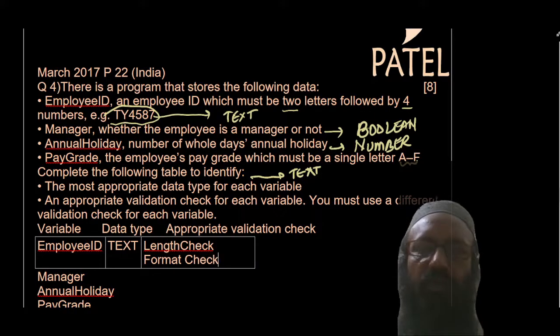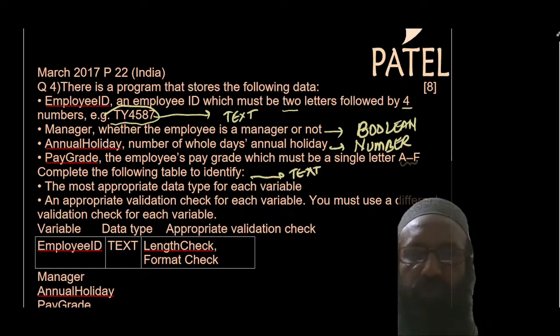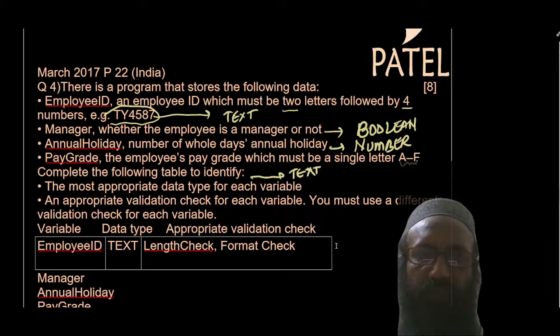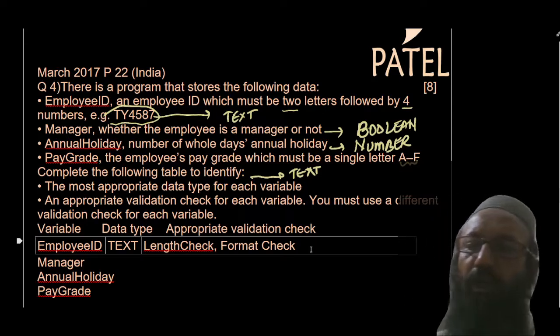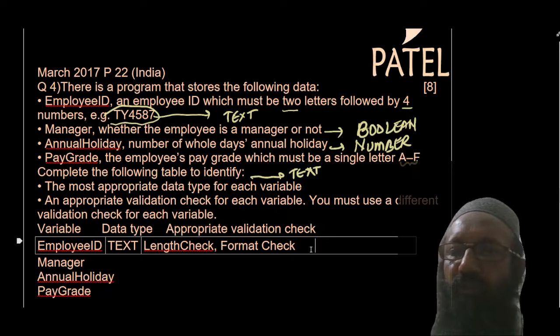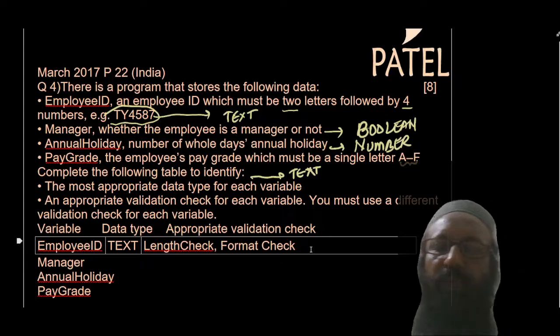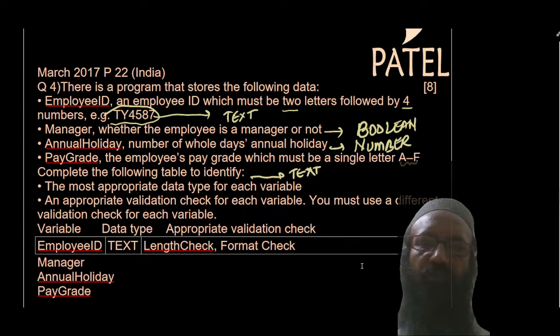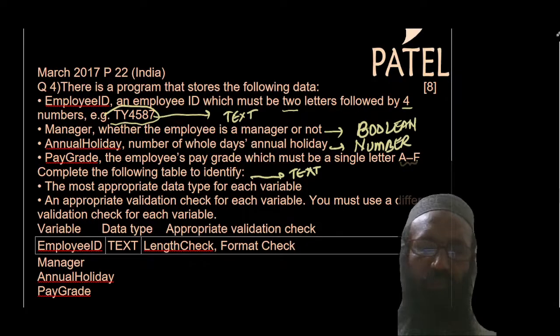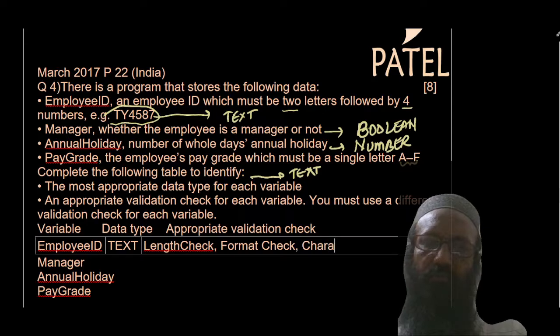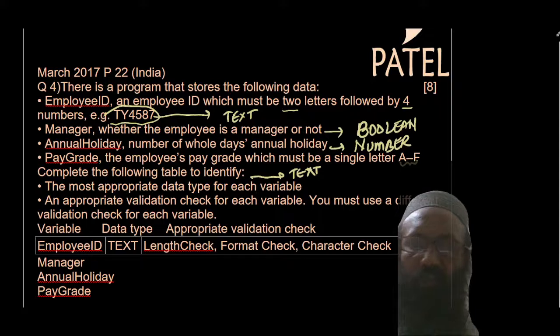The format is that firstly two things are there and then four things, or you may use type check, character check. The first two characters must be letters and other characters must be digits. So we can use character check. Acha, you have to write down one, so you will select any one of these. Then next comes manager.